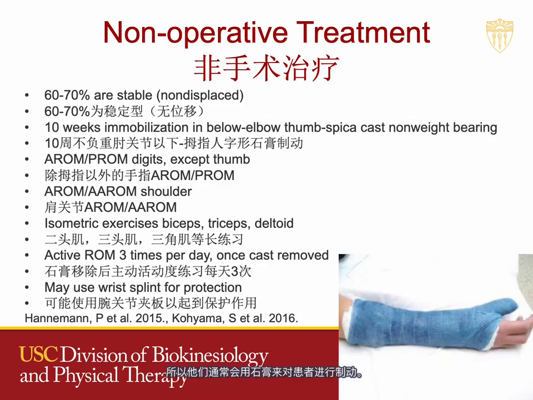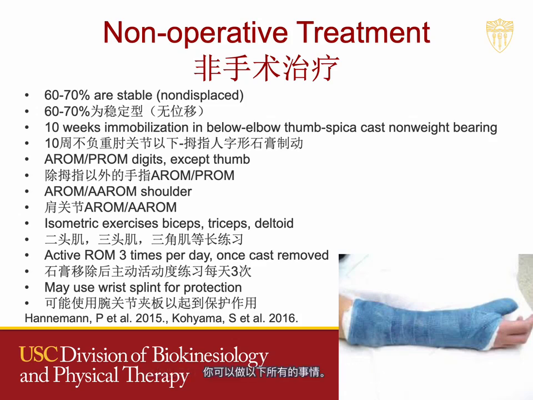They're going to immobilize them, usually with a cast. This is not where a brace is used. Usually they're going to put them in a cast for 10 weeks. This cast is not going to allow for movement of the thumb, but it's going to allow for movement of the fingers. While they're in the cast, you're going to be moving the fingers a lot, and the elbow a lot.